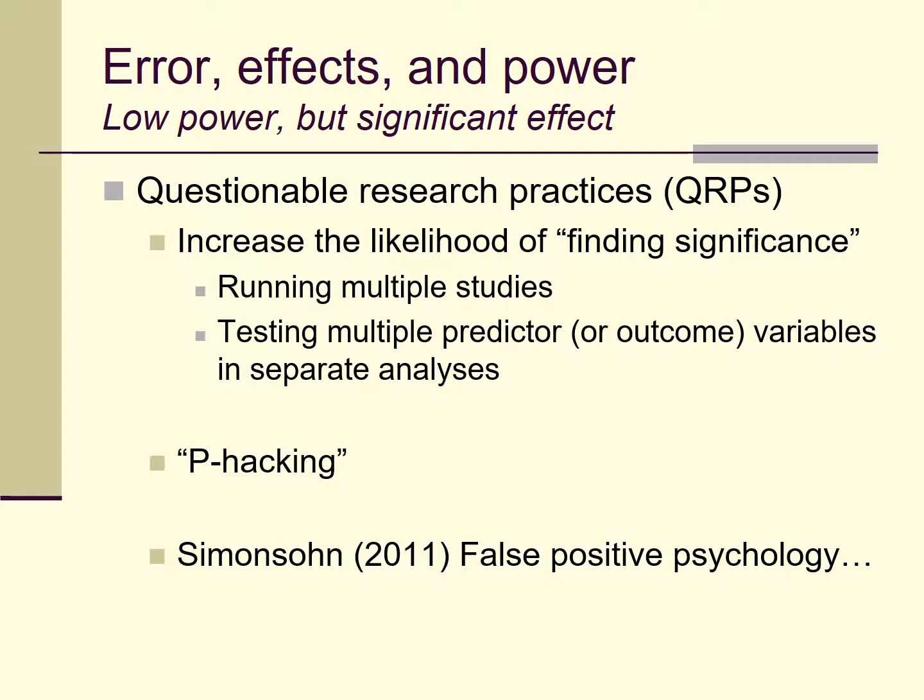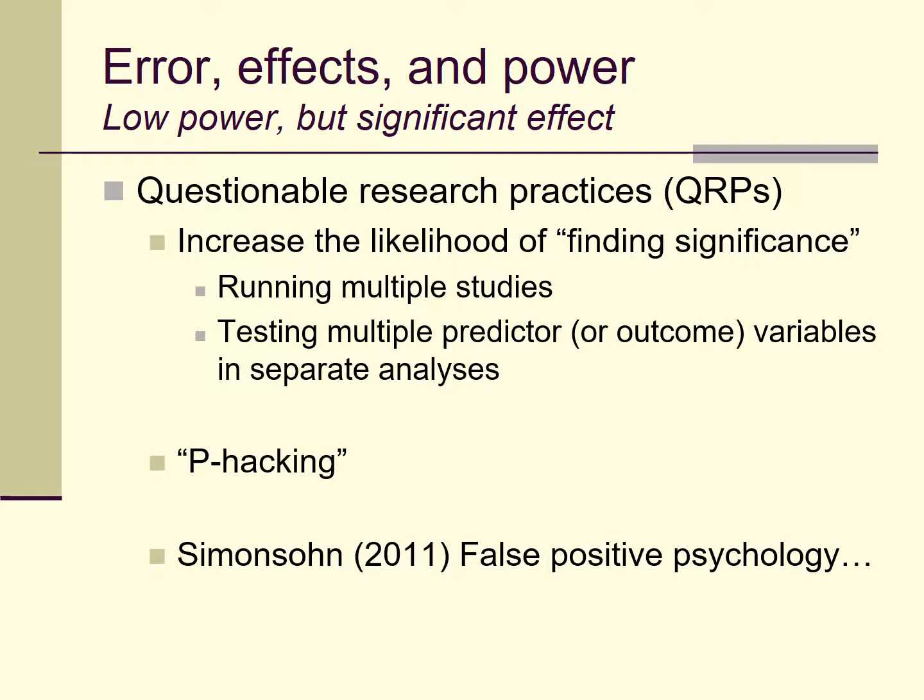Testing multiple predictor, or for that matter outcome variables, in separate analyses, and ignoring or filing away in the file drawer null findings or non-significant findings, and focusing on only significant findings. These too, over a set of studies, will tend to increase the likelihood of finding results which appear to be statistically significant. So again, questionable research practices have been one name given to them.